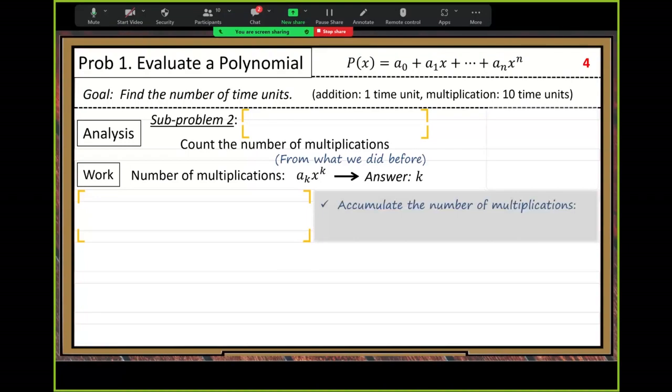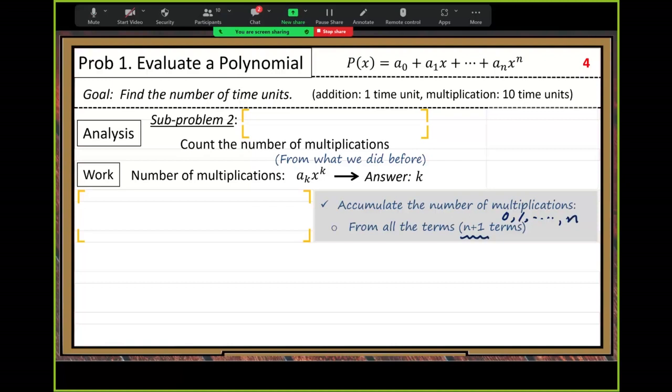Now we want to accumulate the number of multiplications from all the terms in this polynomial. There are n plus 1 terms, because the subscripts run from 0 through n.